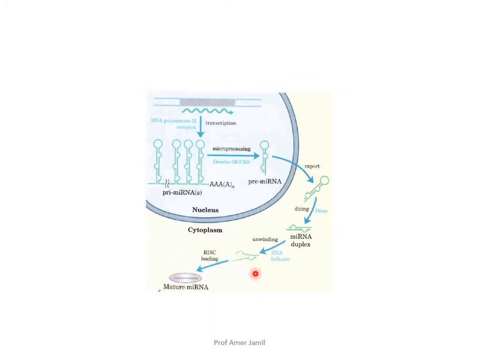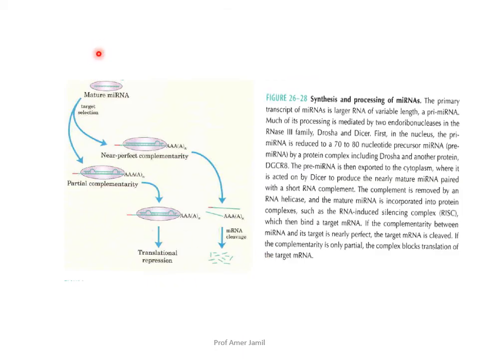Now one of these strands can interact with the messenger RNA to stop translation, but this is brought about by RISC, the RNA-induced silencing complex. There are certain proteins which capture this microRNA, and then there are two possibilities.